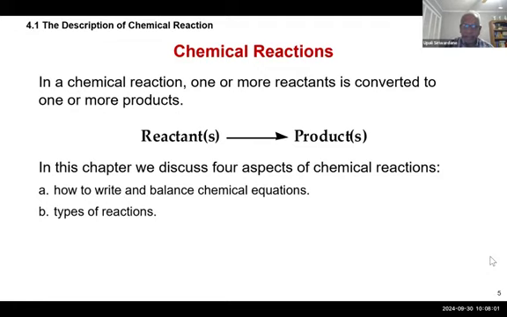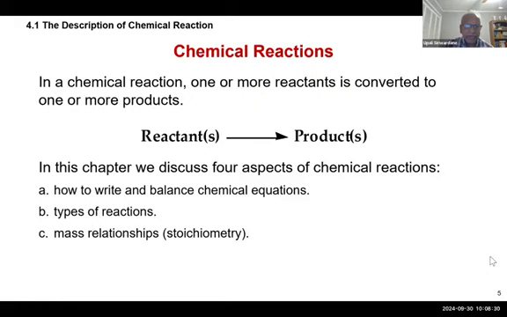Acid-base reaction is a type of reaction based on reactivity of chemicals. There are certain compounds which are called acids and certain compounds which are called bases. When they react with each other, they neutralize, producing salt and water. Oxidation reduction reactions are where the electrons are transferred.